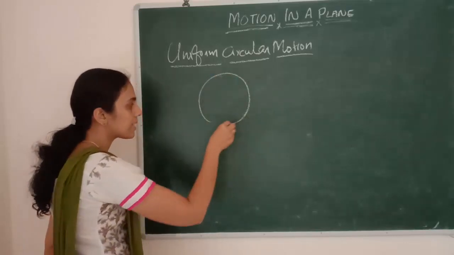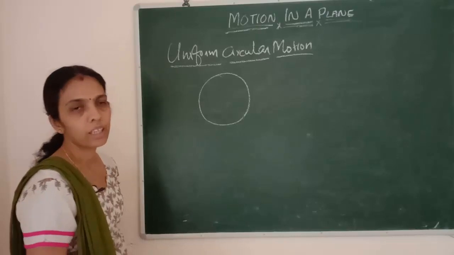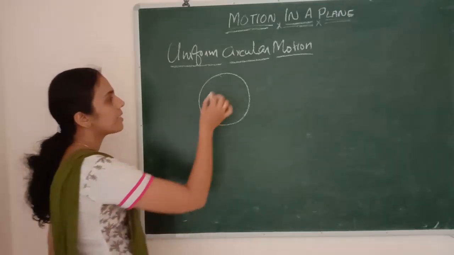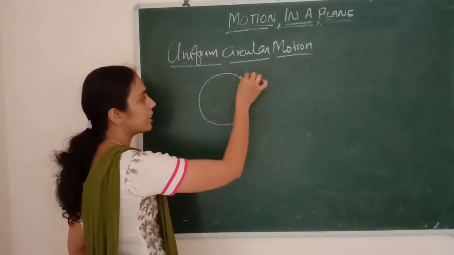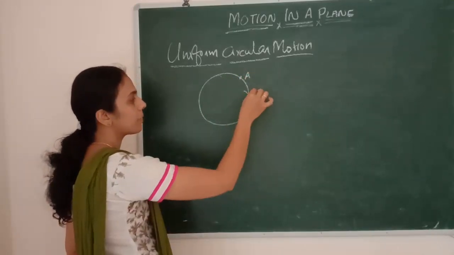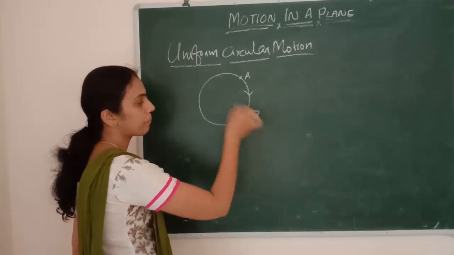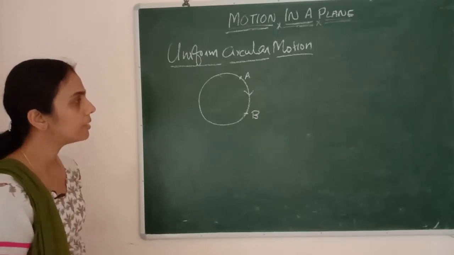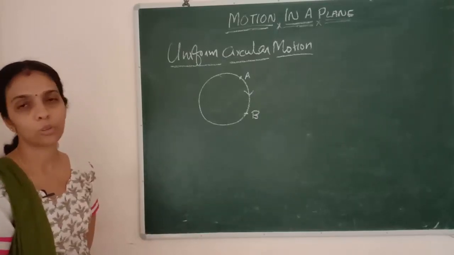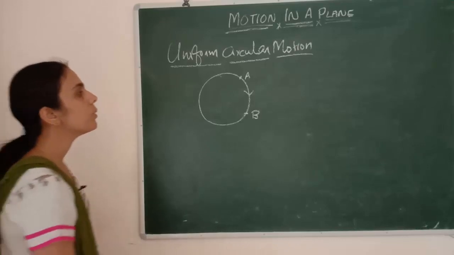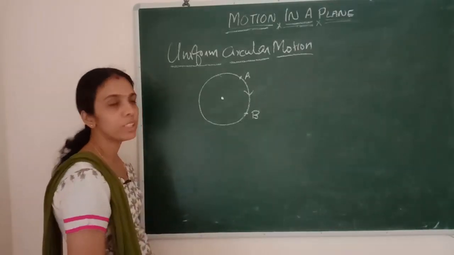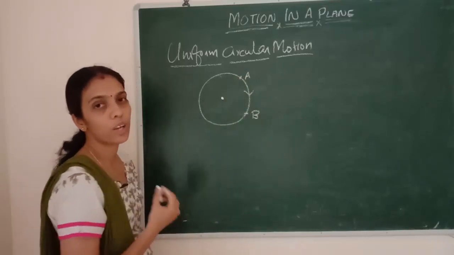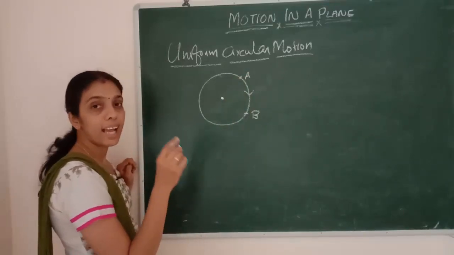If an object is traveling in a circular path, suppose the object is at the point A here and after some time it reaches the point B. Then what will be the distance covered, displacement, all those things we are going to find. Here, in the case of circular motion, the distance covered will be represented as an angle.